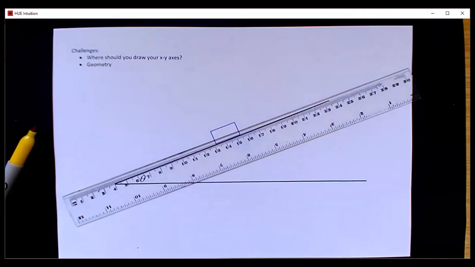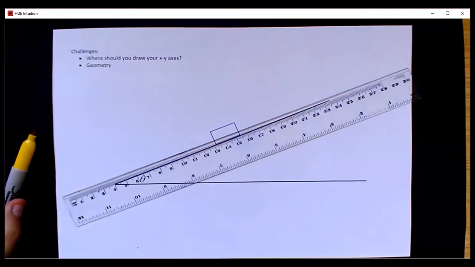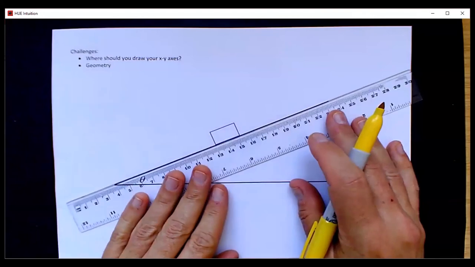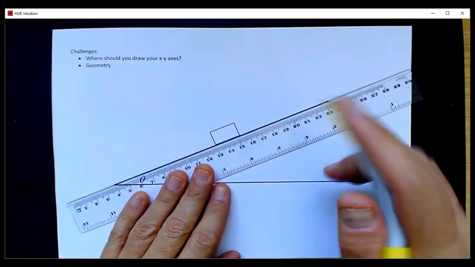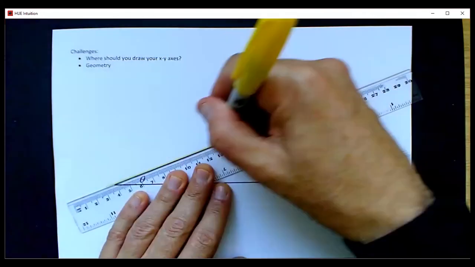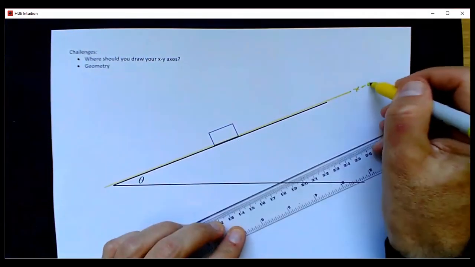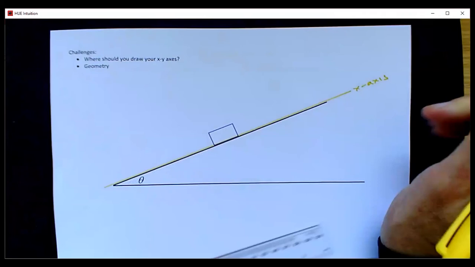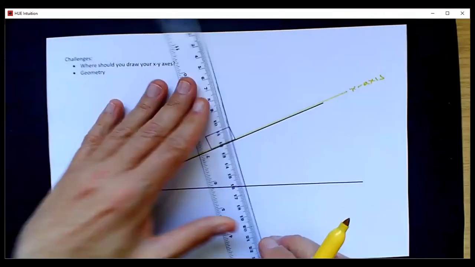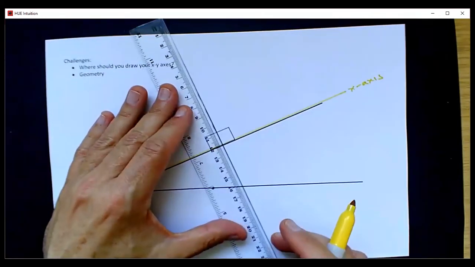And the frictional force is along the slope, whilst the support force is at right angles. And so this gives us a natural place to draw our axes. So I'm just going to draw that on here. So this is going to be our x-axis. And we'll draw the y-axis at right angles to it.